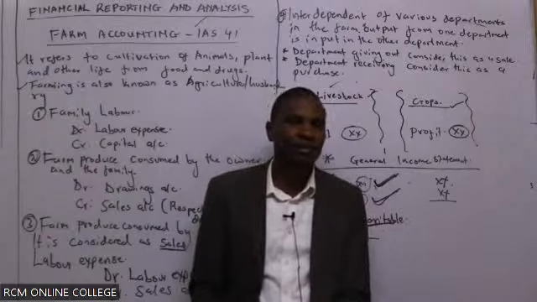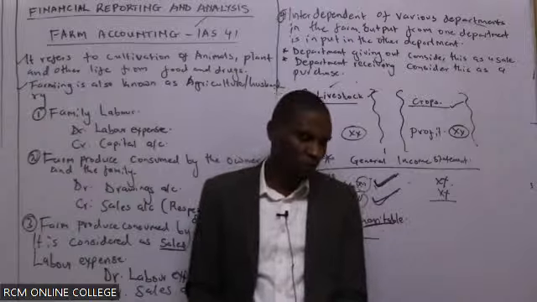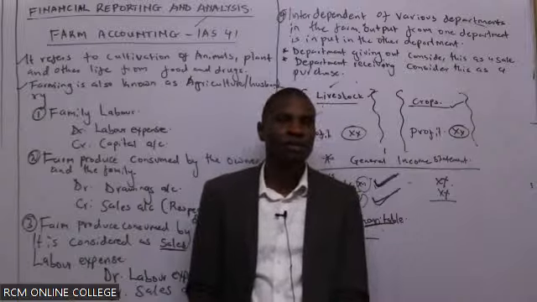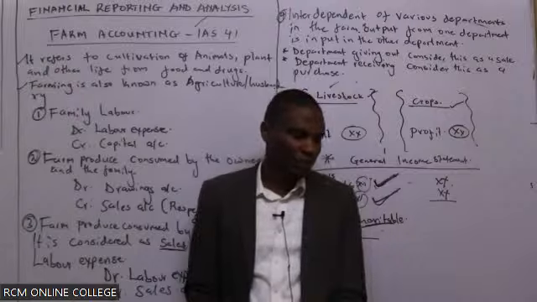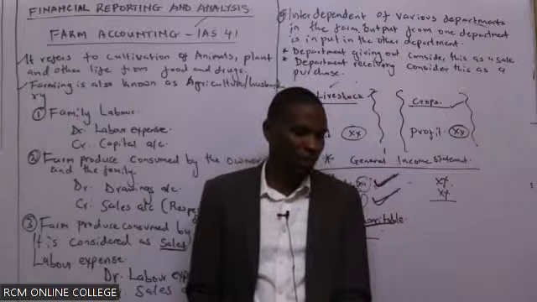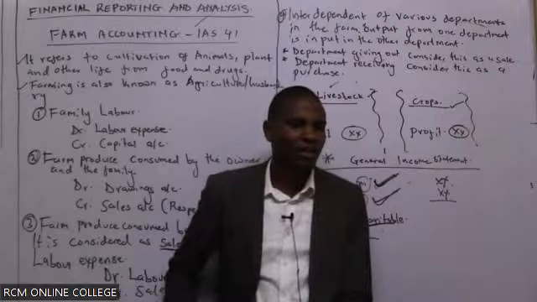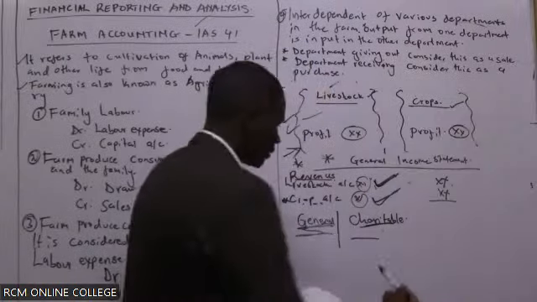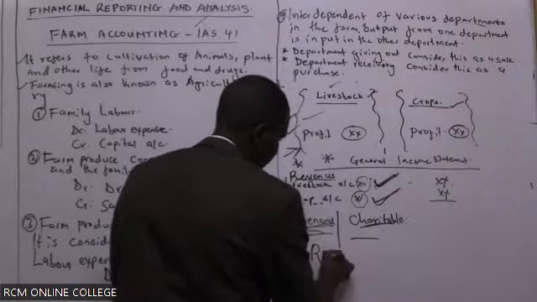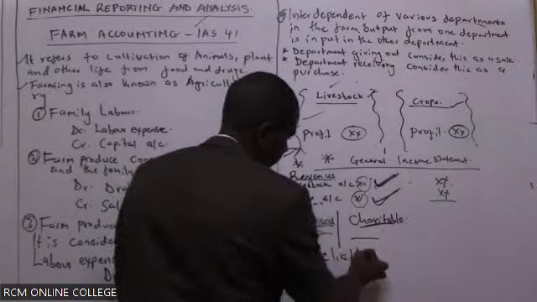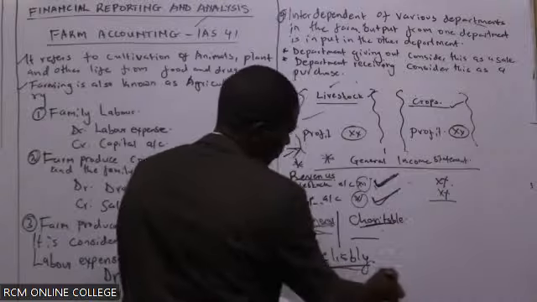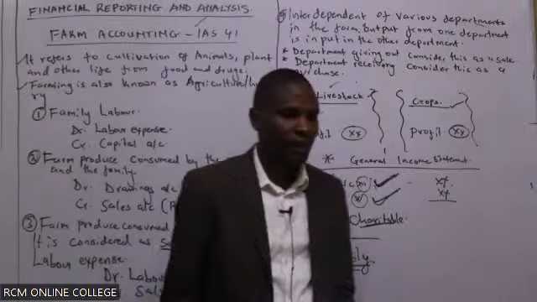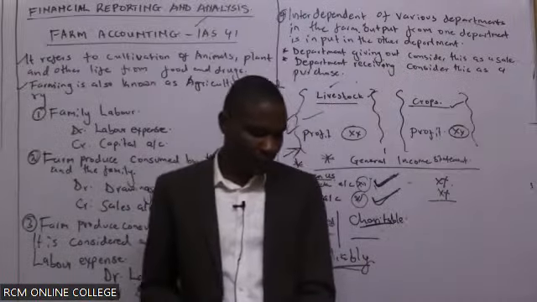When you talk of the fair value, it is the same as the cost, or the original cost of the asset. So if the fair value or cost of the asset can be measured reliably. Great.